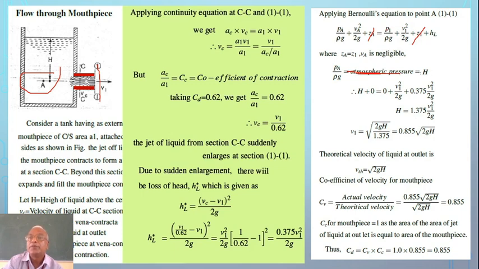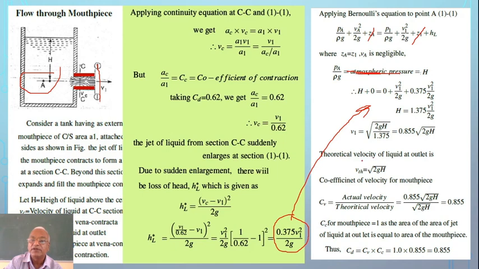Now P1 by rho g, when it comes out, is atmospheric pressure, which is 0. Then V1 squared by 2g, and HL is given by 0.375 V1 squared by 2g. From this, H equals 1.375 V1 squared by 2g, or V1 is equal to root of 2gH divided by 1.375, which gives V1 as 0.855 root 2gH.